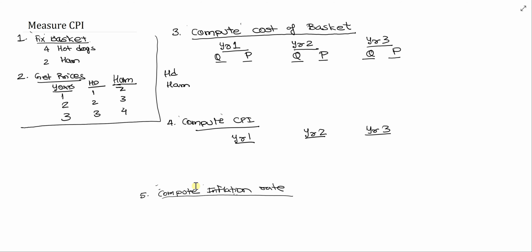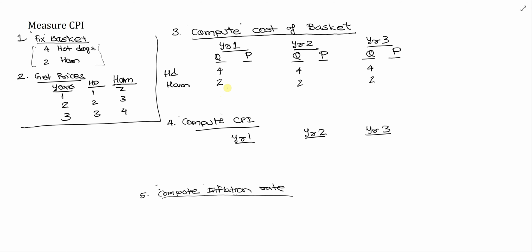So the third step is to compute the cost of the basket. How much will this exact same basket, remember the word is fixed, cost across each of the 3 years? In each of the 3 years, we'll have 4 hot dogs and 2 hamburgers. That's the quantity.